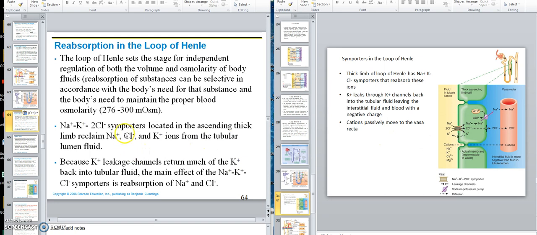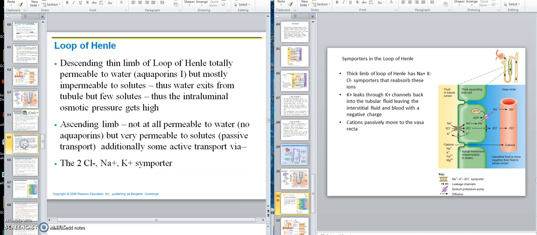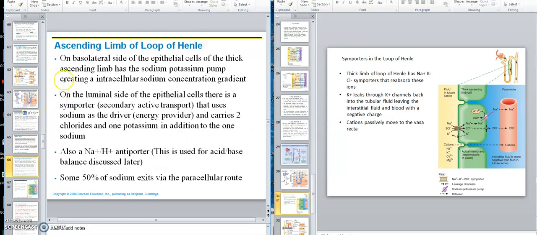Now, so we go a little further. See what we got. The descending limb of the loop of Henle is totally permeable to water, aquaporin 1, and mostly impermeable to solutes, but not totally impermeable. Ascending, not at all permeable. So you can look at this here. Here's this. On the basolateral side, the thick limb has the sodium-potassium pump we talked about.